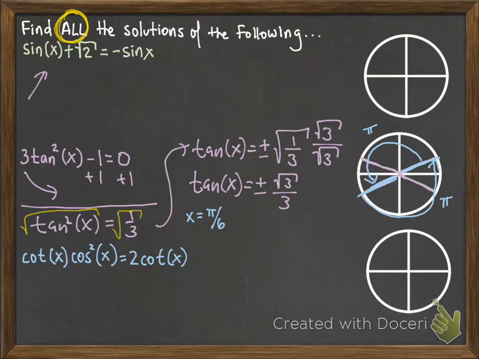Pi, and again, pi, etc. So that basically means that I only have to put pi over 6 plus pi n, where n is an integer for those particular values.